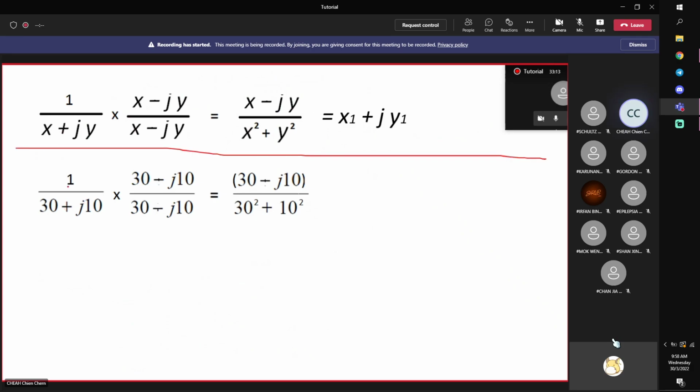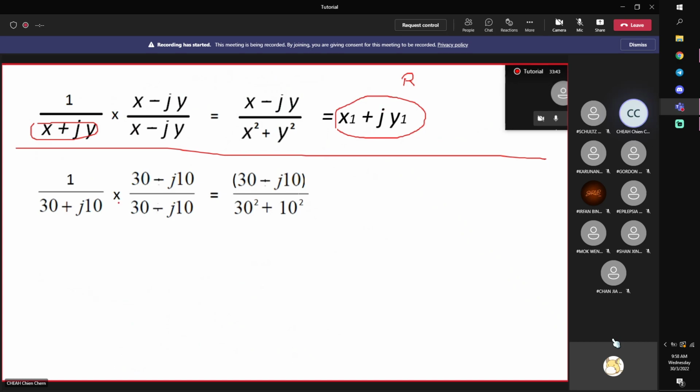So the whole idea is that if you want to make this into a complex number, it should have a real part and imaginary part. 1 over this is not in rectangular form, right? You cannot get a real part and imaginary part because there's 1 over this. This is rectangular form, but 1 over this complex number is not in rectangular form.